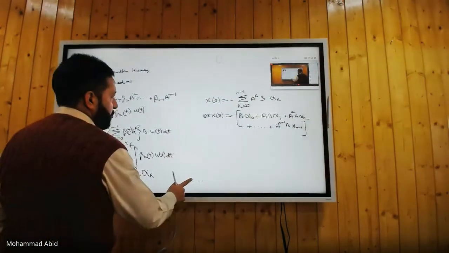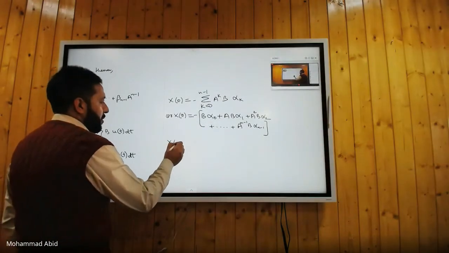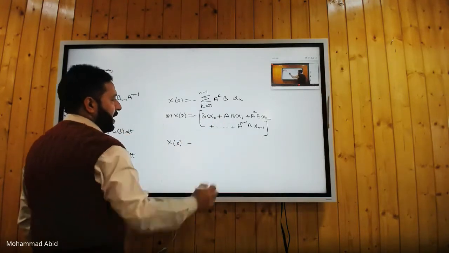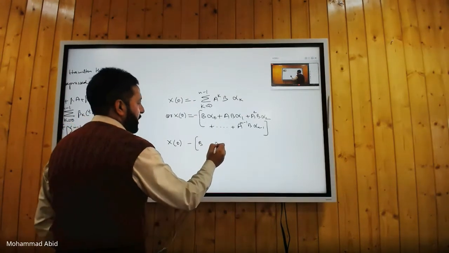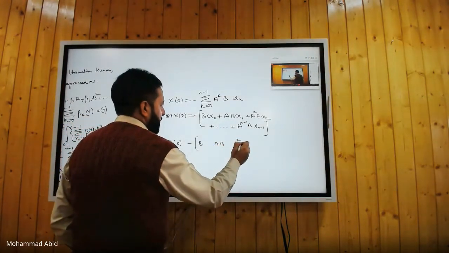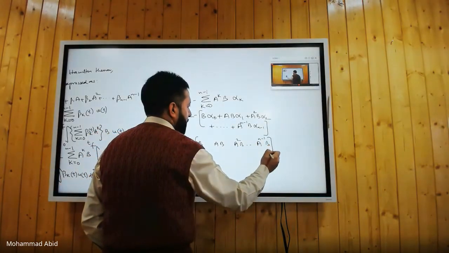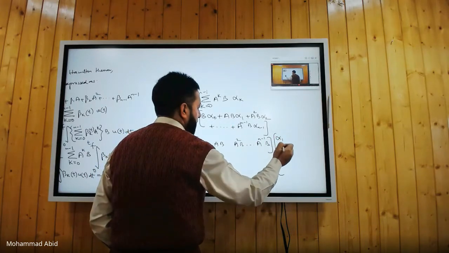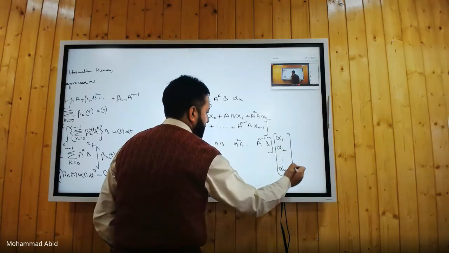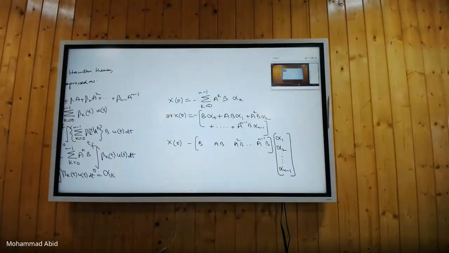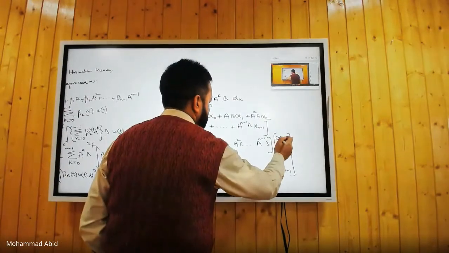So x naught equals minus this thing, which I can write as the matrix B, AB, A square B, so on, A to the power n minus 1 B, multiplied by the column alpha naught, alpha 1, alpha 2, so on, alpha n minus 1. The alpha starts from alpha naught.